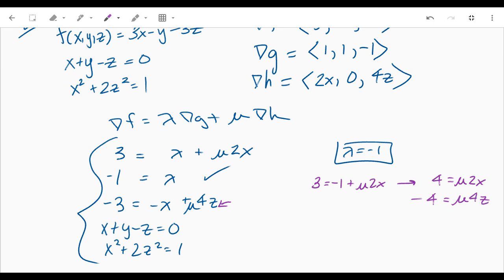Okay, and then we've got our other ones still. X plus y minus z equals 0, and x squared plus 2z squared equals 1. Well, you can kind of see here that we're going to be able to get a relationship between x and z, right?